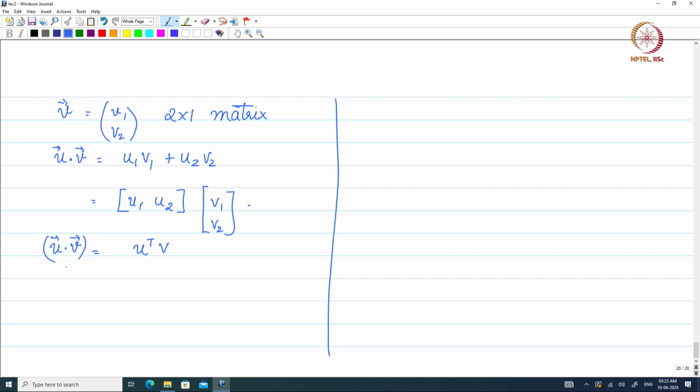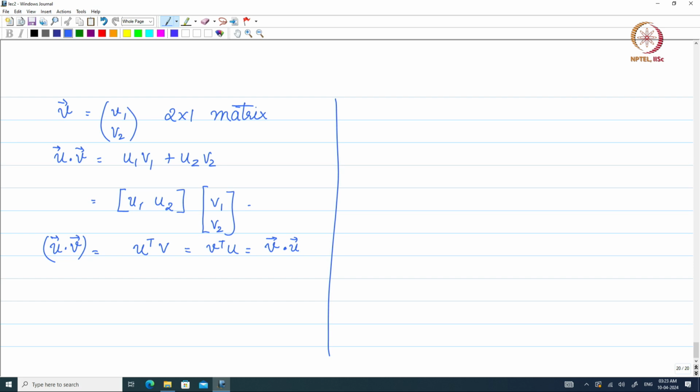What is interesting is u1 v1 is the same as v1 u1, u2 v2 is the same as v2 u2. So, I am also going to write this as v transpose u, which is also the same as v dot u. Is that okay?